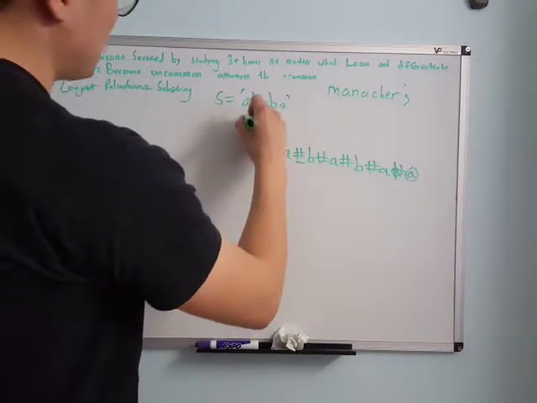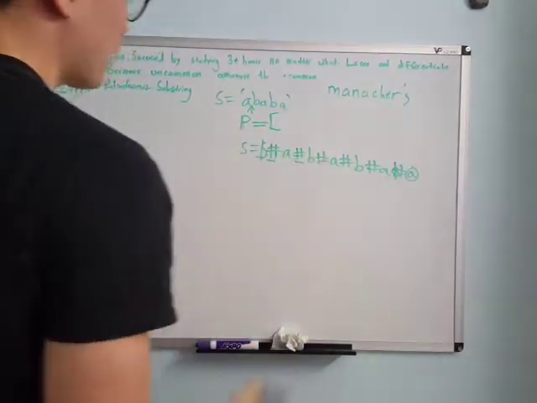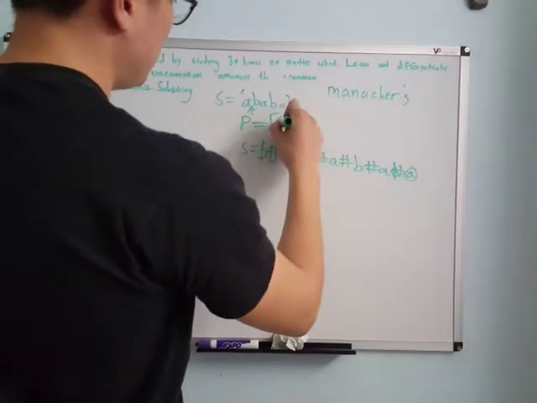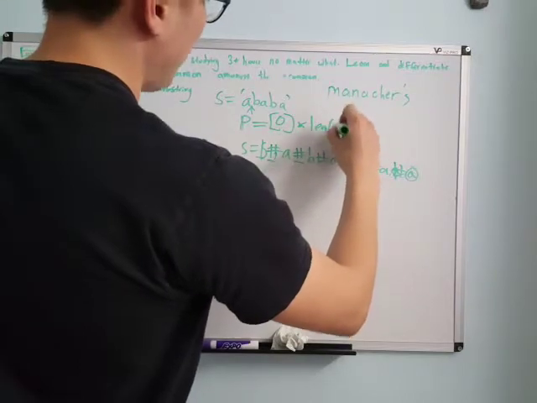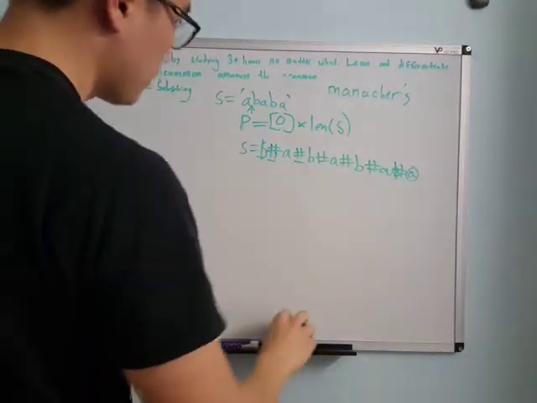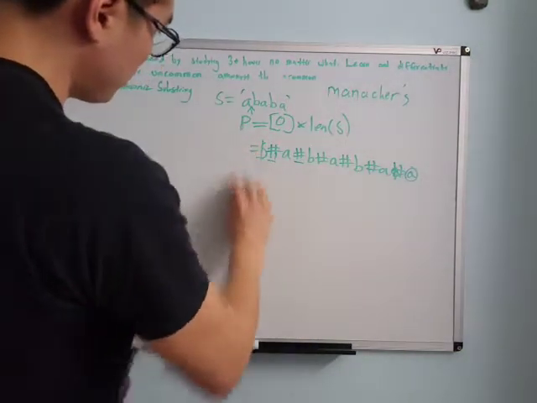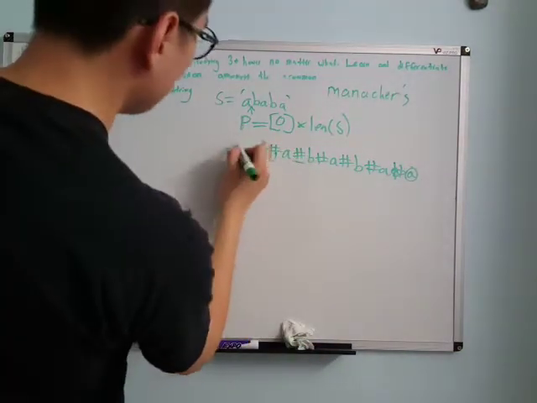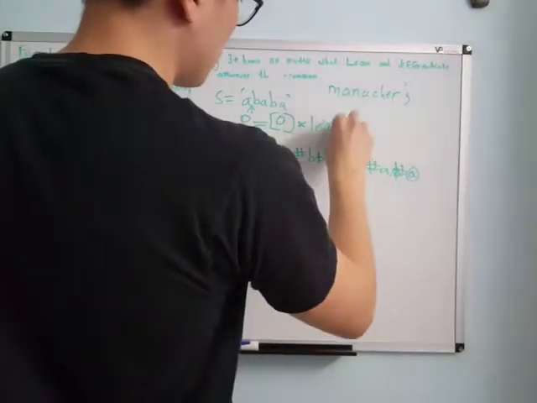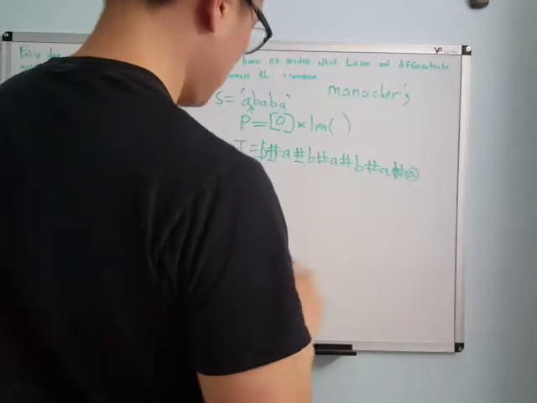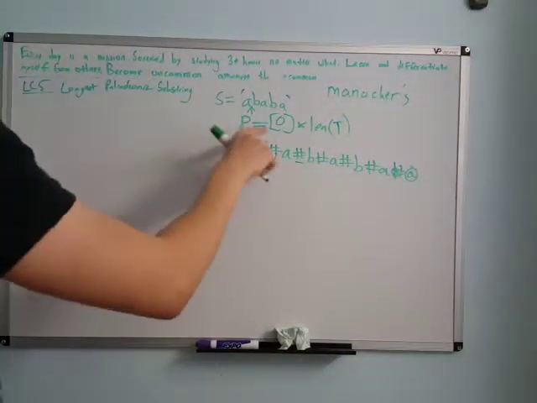So I can initialize, like they called it P, I guess for palindrome array. We'll set that to 0 times the length of S, and then S is this, not that. Actually, I think it's better to rename that. I believe they called it T. And then we'll say instead of length of S, because we actually want to use S later, length of T. T is this, palindrome is that.